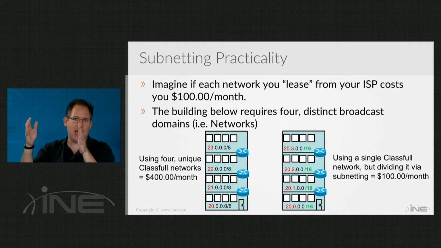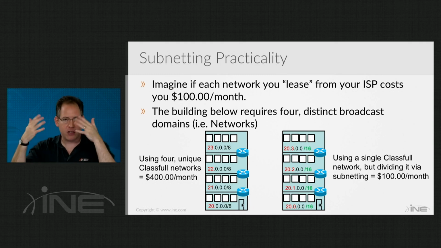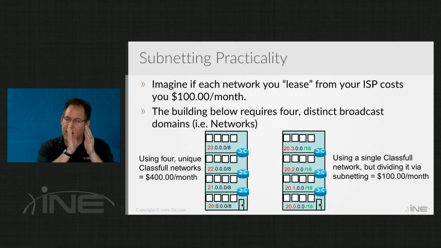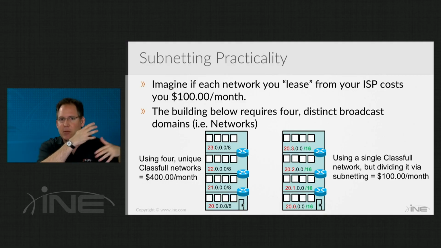The more subnet bits I have available, the more networks I can come up with. But the more subnet bits I have, the fewer host bits I have, which means each subnet can't have as many hosts anymore. The subnets are getting smaller and smaller.